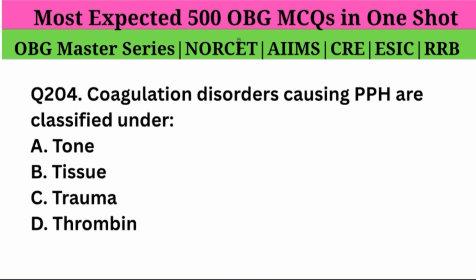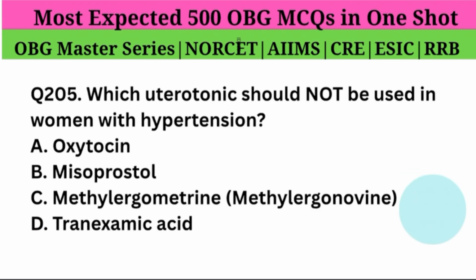Next question. Coagulation disorders causing PPH are classified under. Your correct option is option D, thrombin. Next question. Which uterotonic should not be used in women with hypertension?